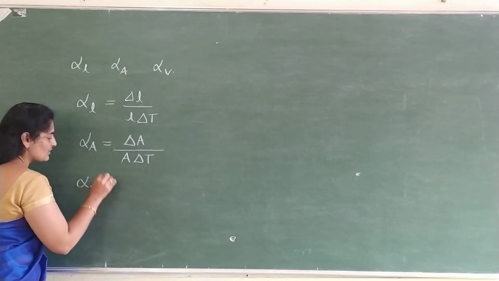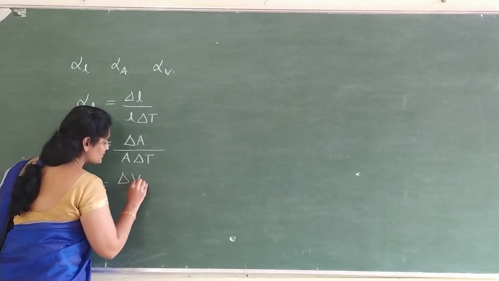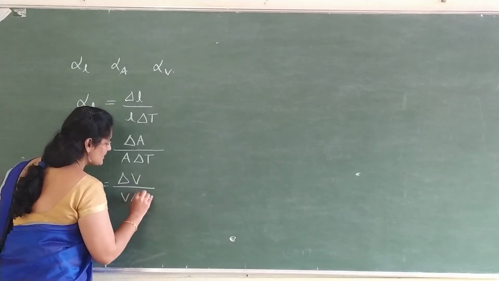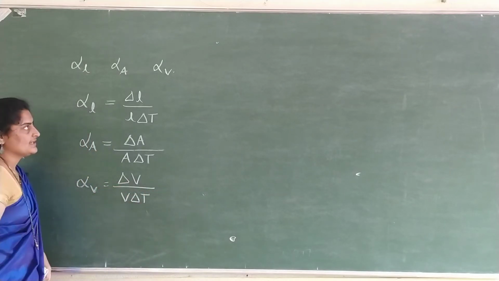Similarly, alpha V, the coefficient of volume expansion, is defined as the fractional change in volume per degree rise in temperature: delta V divided by V delta T.